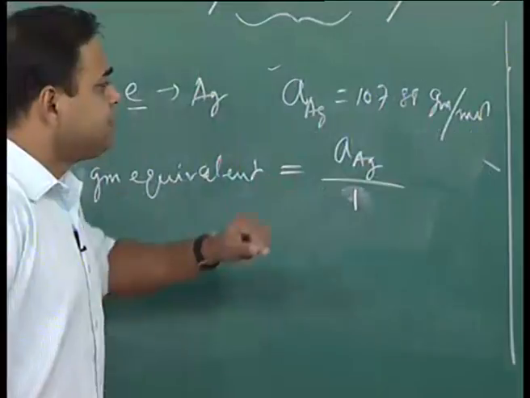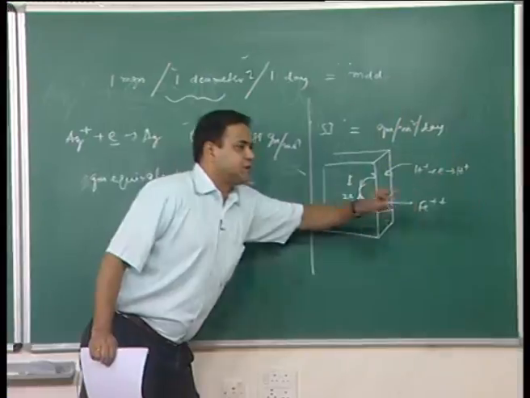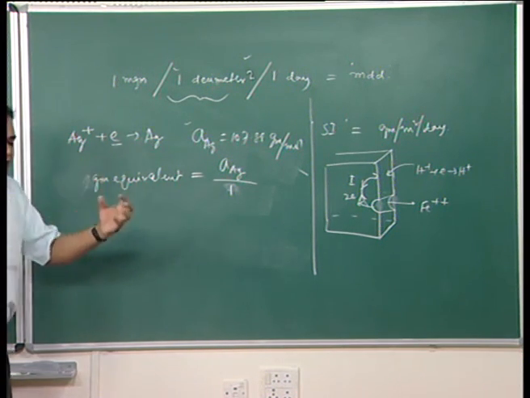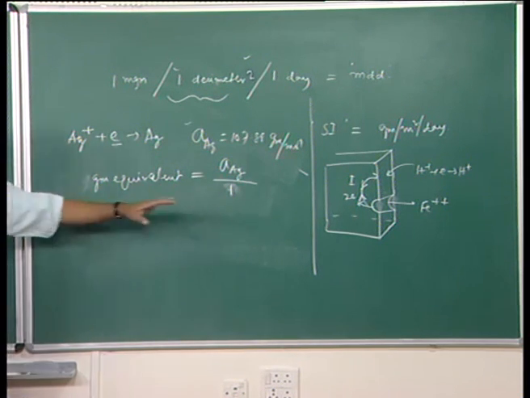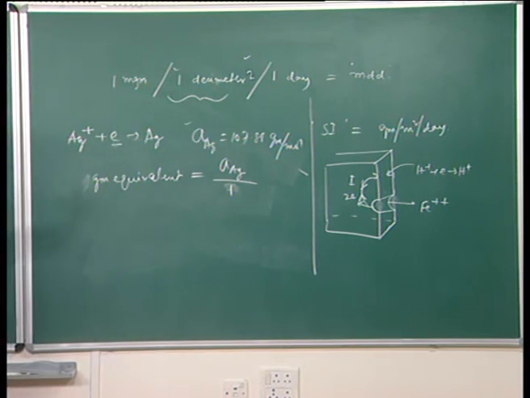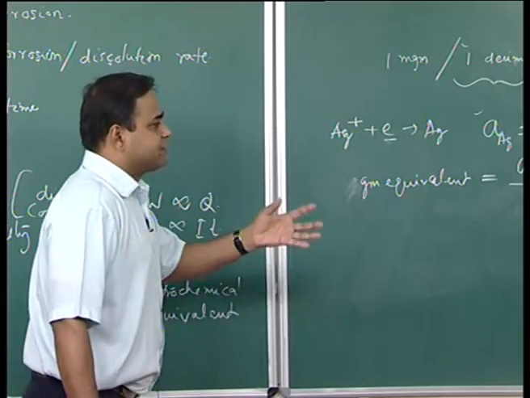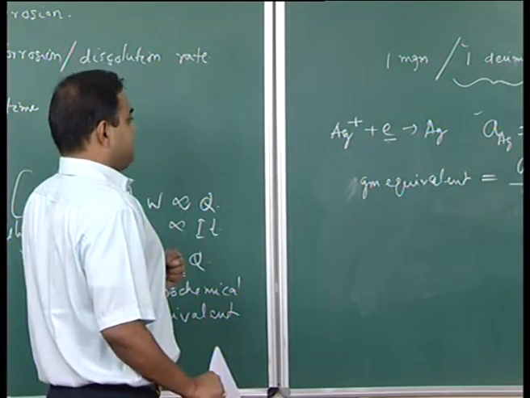Now, in case of iron, here 2 electrons are involved, and the atomic weight of iron is 55.85, and in that case the gram equivalent would be 55.85 divided by 2, since 2 electrons are involved for the reduction process, or the other way around, if iron is coming out as iron ions, it is an oxidation process.